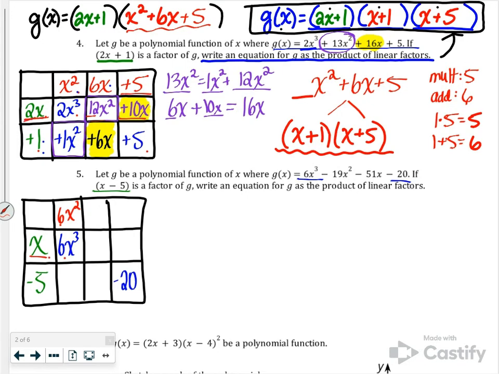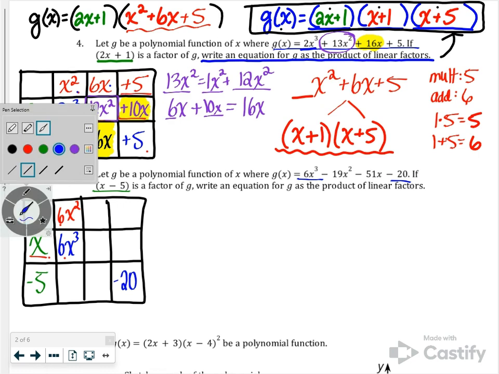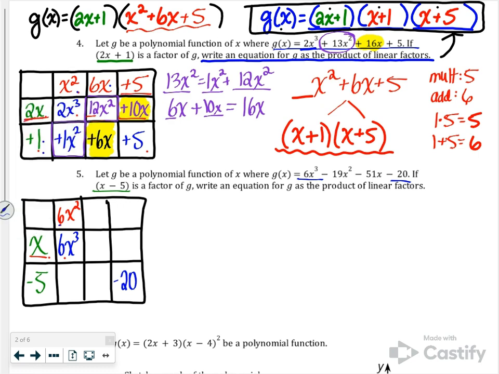Now 6x squared times x is going to be 6x cubed. I can now fill in another box. I can say 6x squared times negative 5 is negative 30x squared. And I can also start to pay attention to this negative 19x squared, because somehow we need negative 19x squared to pair up negative 30x squared with something else that gets us to negative 19.